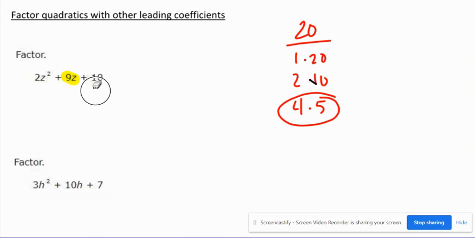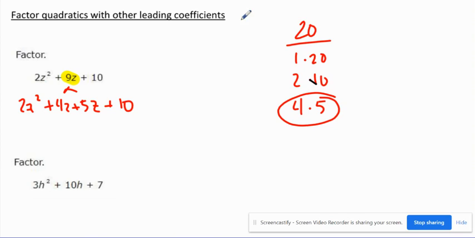So just to finish this question out here, between 4 and 5, I want to split this 9z into 4z and 5z. And they're both positive because I have a positive 9. So I'm just going to bring my 2z squared down and my 10 down.